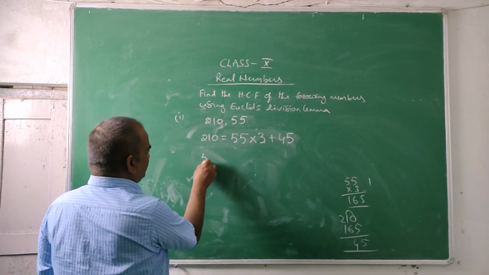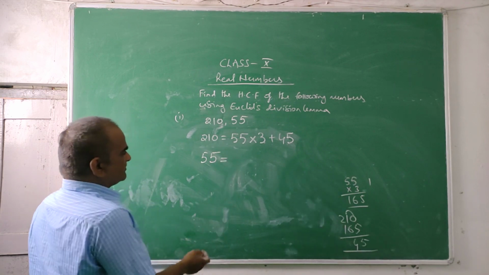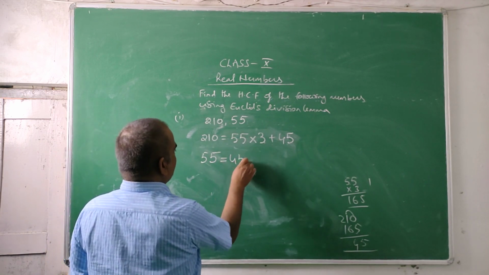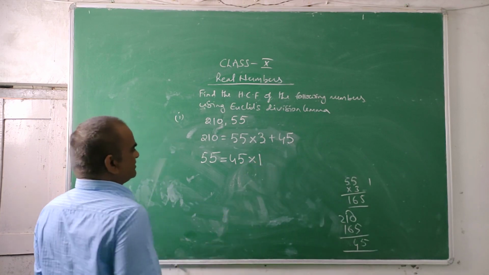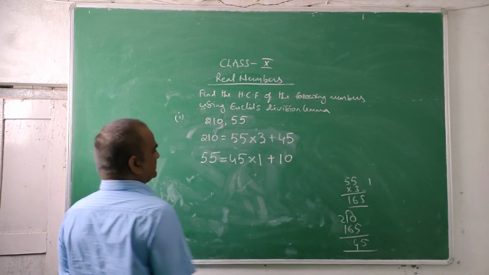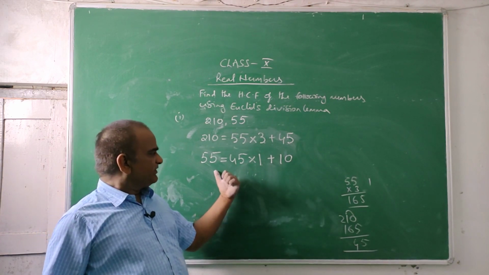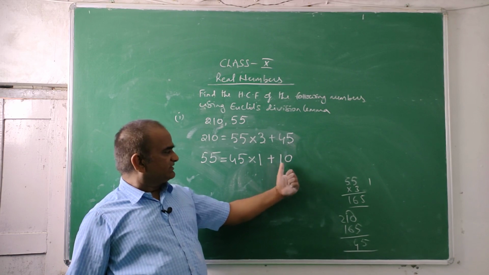Now 55 is equal to, next step, 45 into 1 plus 10. Do you agree? 55 is equal to 45 into 1 plus 10.